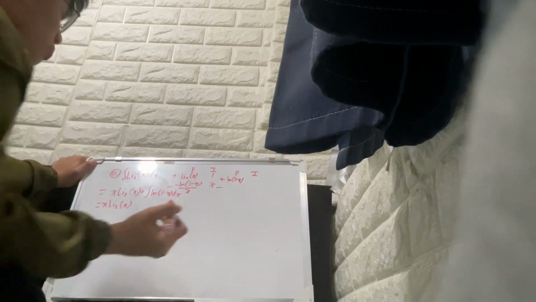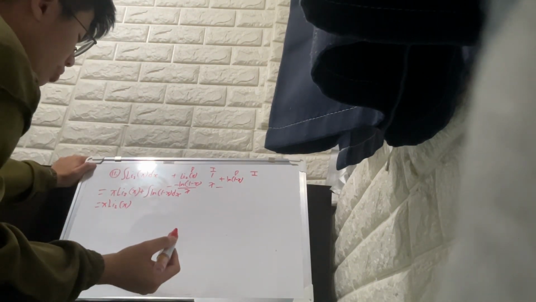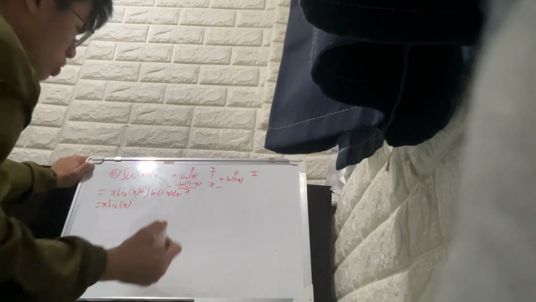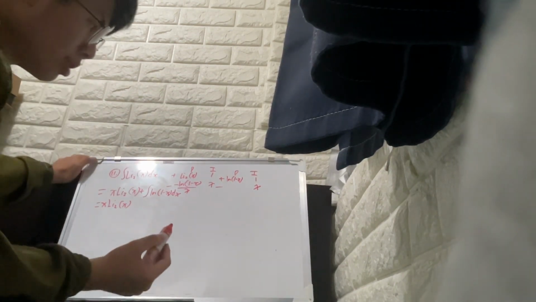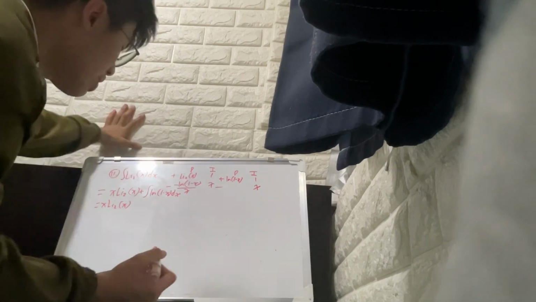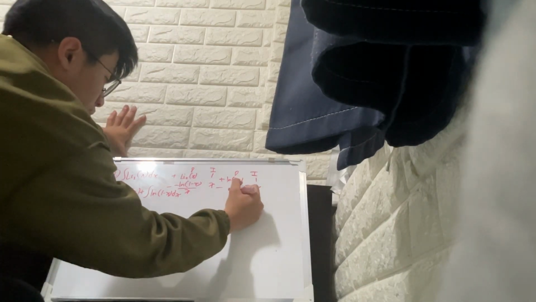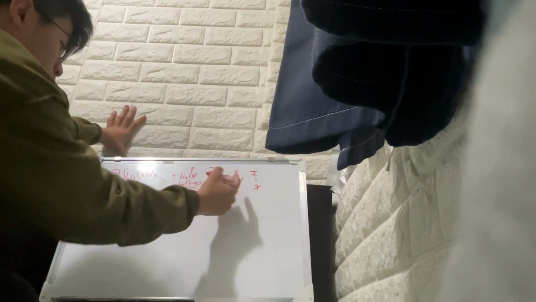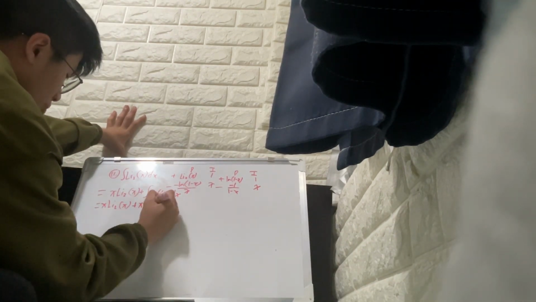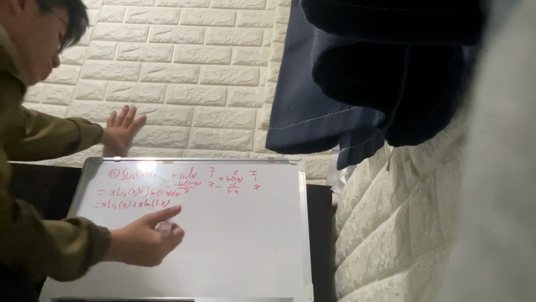We have only one function, ln of 1 minus x, and then integrate 1. You get x. Differentiate this. First you get 1 over that, and then multiply by the chain rule, you get negative 1. So this time it becomes x times ln of 1 minus x.